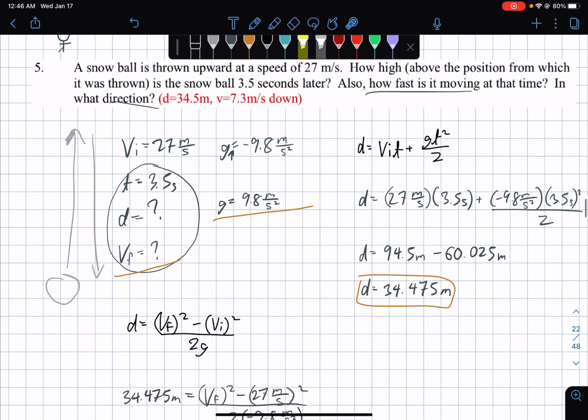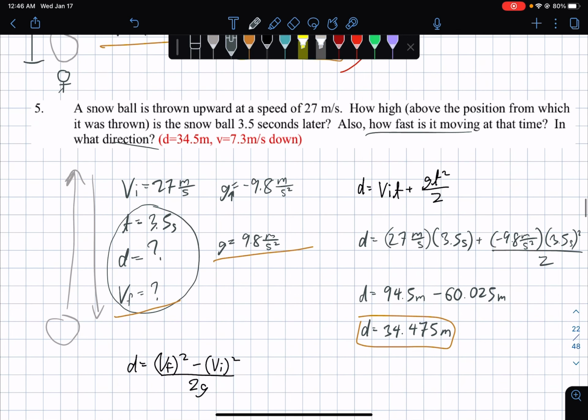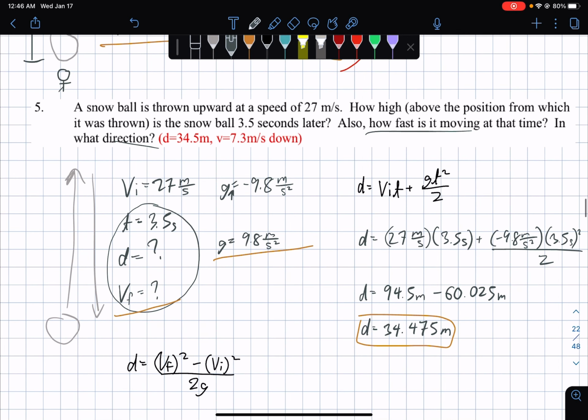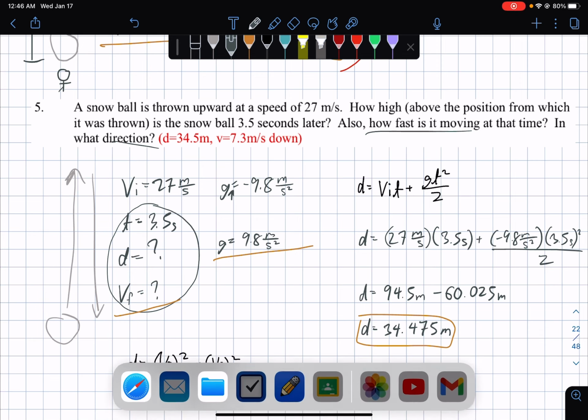Either way, if the initial velocity is 27, and that's already the highest velocity value you could have, the final will always be smaller than it the farther it goes upwards. So we do have a final velocity of something that's less than 27, which is 7.3, but we don't know if the direction is going up or down. It says here it's down, but for what reason?